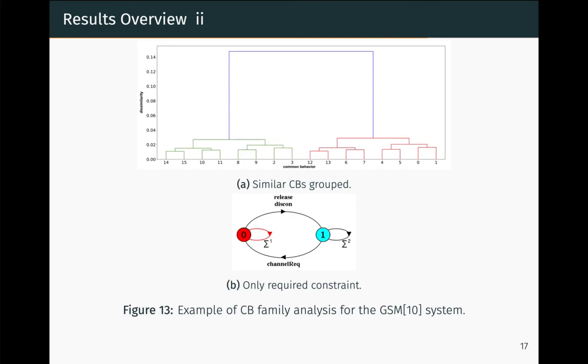However, with further manual analysis, we actually saw that all these 16 common behaviors were resolvable by a single constraint. So they had the same cause and thus were part of the same family of common behaviors. So for the GSM system, we collected over 300 implied scenarios and were able to resolve all of them with a single constraint.